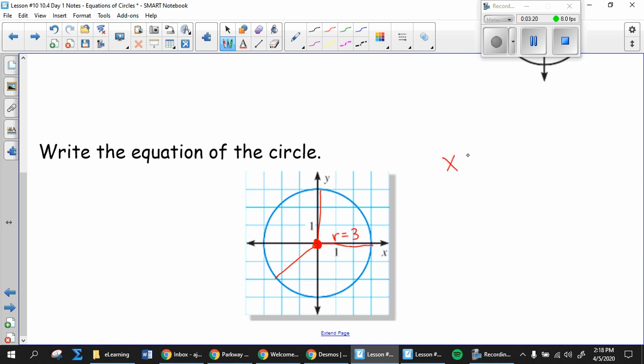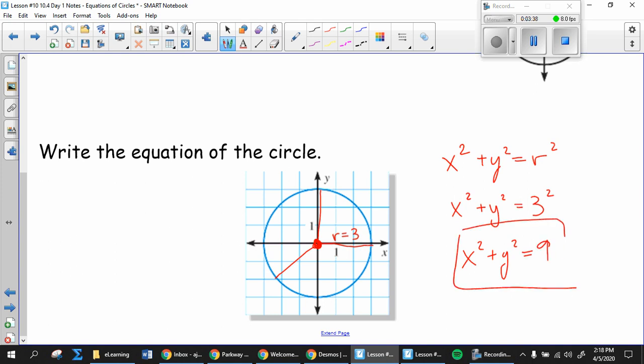And so when I plug that into our equation, x squared plus y squared equals radius squared, we get x squared plus y squared equals 3 squared. So we get x squared plus y squared equals 9. And so that's the equation of this circle on the graph. Remember, that again is for when the center of the circle is at 0, 0.